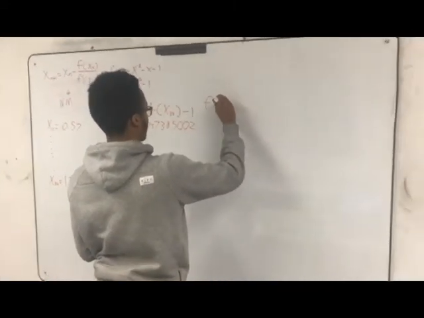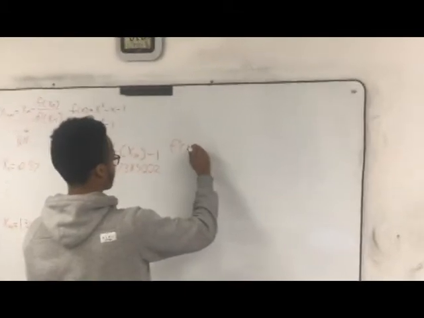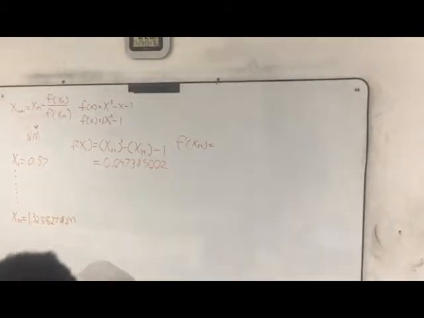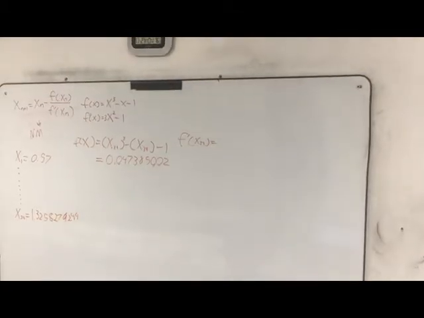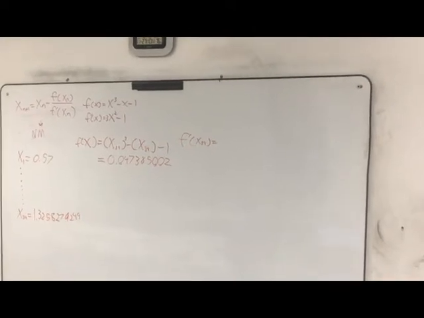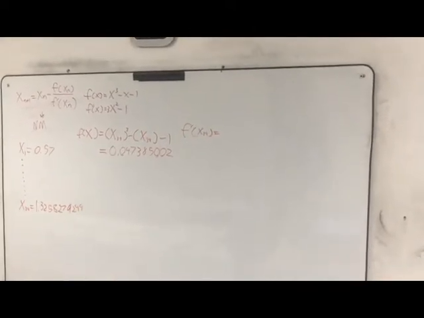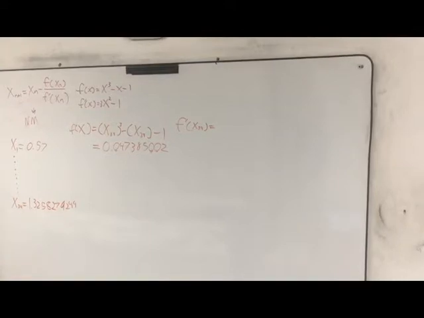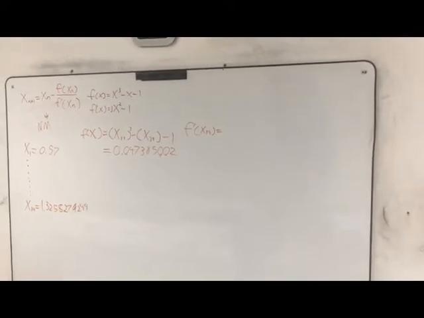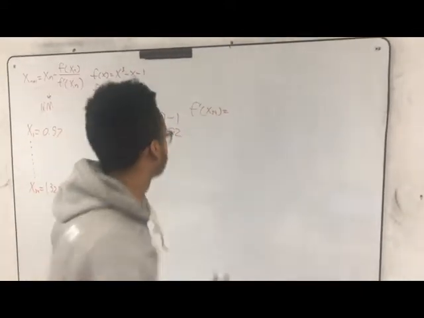And as for our f prime of x sub 34, we come out to 4.27.